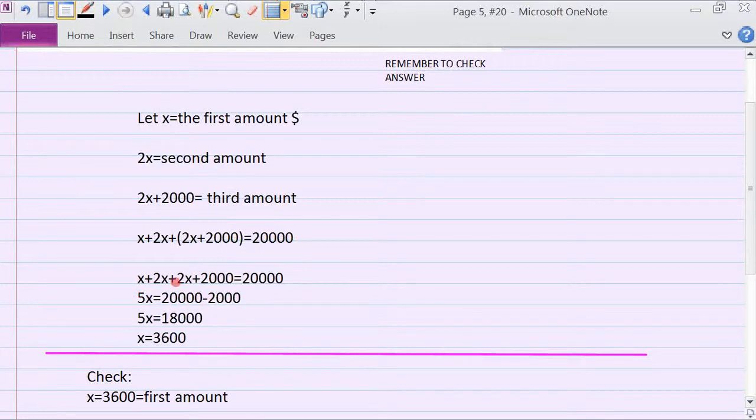X plus 2X gives me 5X, and the 20,000 is there, and I've moved this from the left to the right, so I've changed the sign. 20,000 minus 2,000 is 18,000. I divide the 5X by 5. I get X. I divide the 18,000 by 5, and I get 3,600.